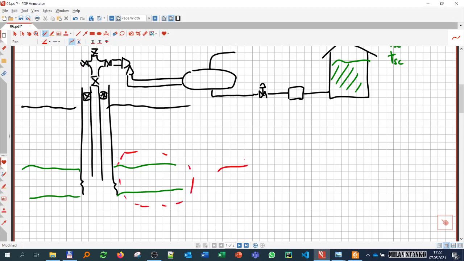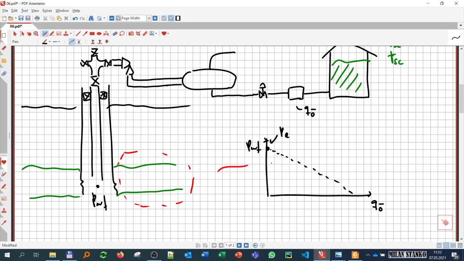We want to get exactly this behavior: if I change PWF, the flowing bottom hole pressure, how will the rate of oil that I measure here at standard conditions look? And we already speculate that this should look something like this. It's a straight line where we have here the reservoir pressure.